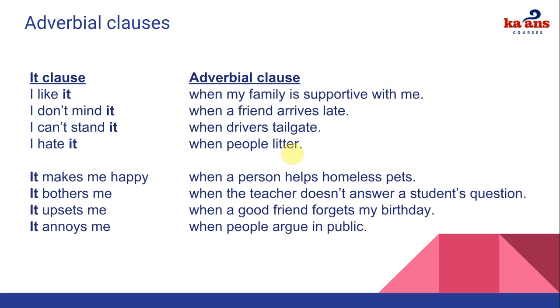Like I told you, an it clause is really short and quite simple, and they usually refer to either a positive opinion or a negative opinion, right? In this case we have I like it, I don't mind it, I can't stand it, and I hate it, with it at the end.